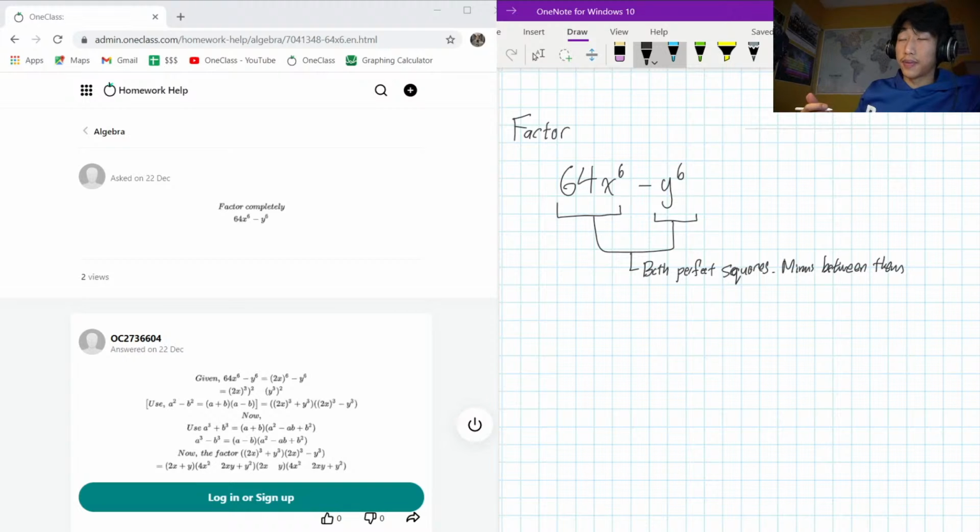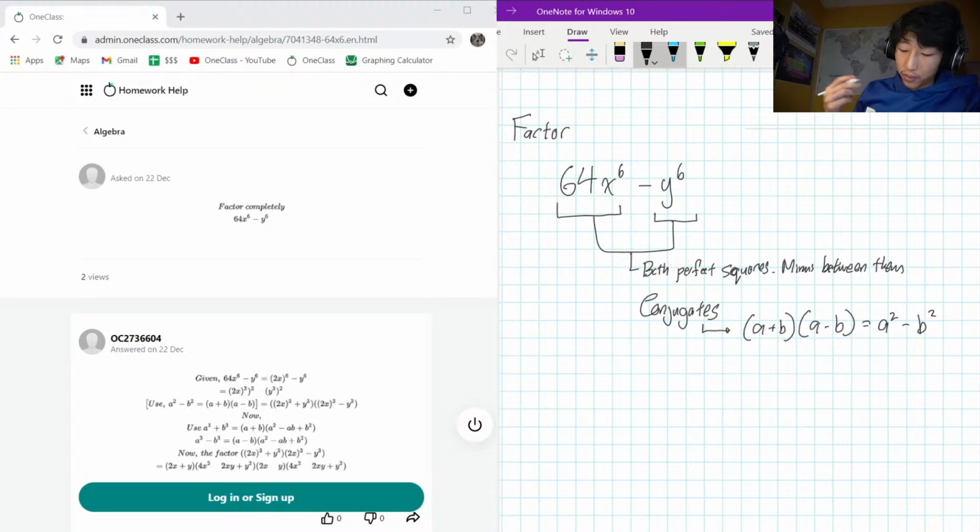So this is like a difference of squares or a conjugate situation. So conjugates: a plus b times a minus b is equal to a squared minus b squared. But in this case, our a's and b's are going to have powers on them, nothing to worry about.